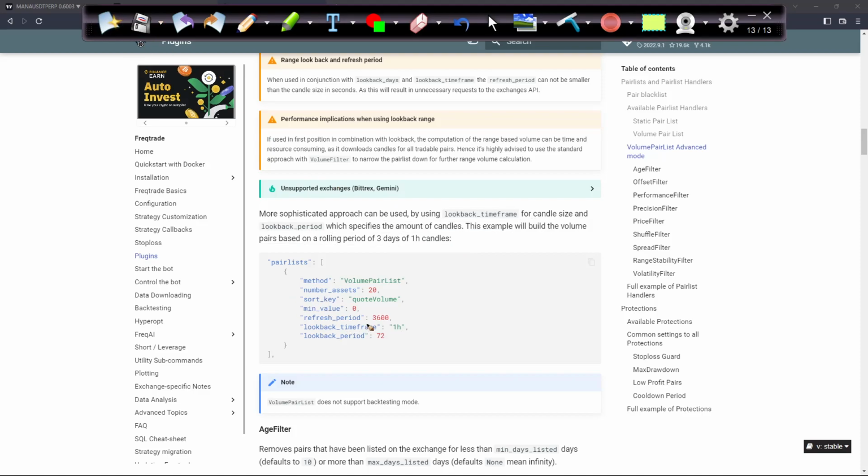So here we have volume pair list, number of assets 20, sort by quote volume, minimum value 0, refresh period 1 hour, 3600 seconds, and then we have look back time frame 1 hour, look back period 72. So it is like 24 into 3, would be 72, right?